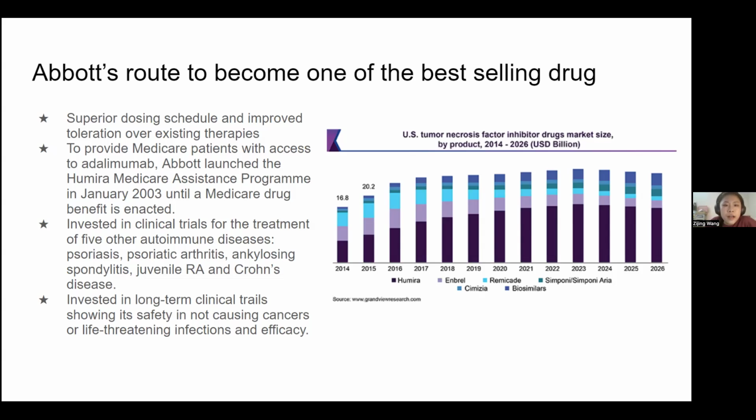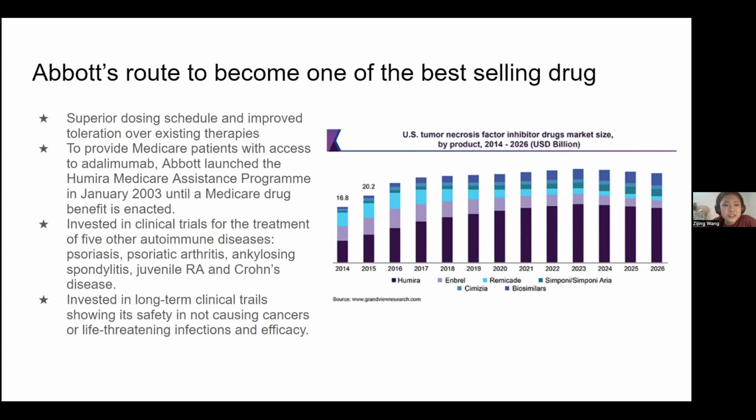Moreover, the company, Abbott, provided Medicare patients with access to adalimumab. At that time, self-injection medicines were not covered by Medicare.